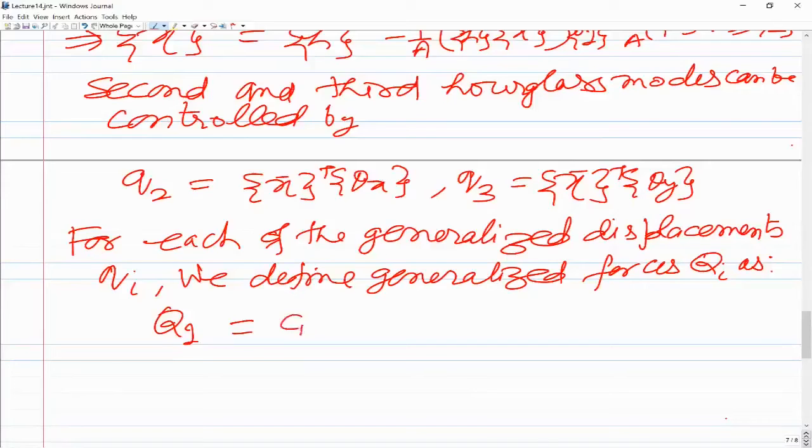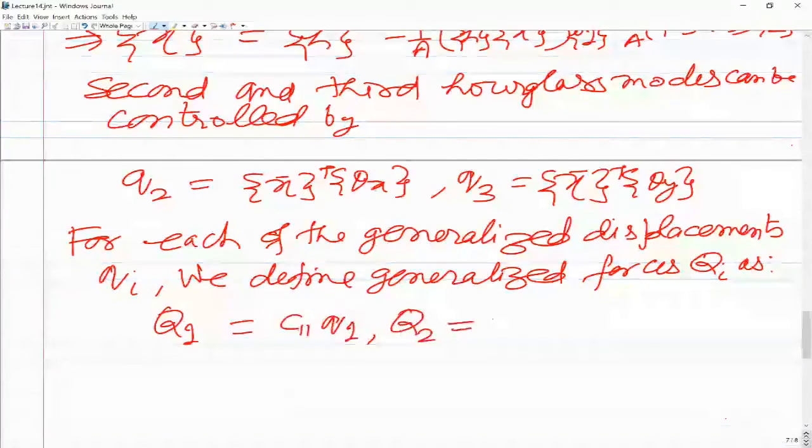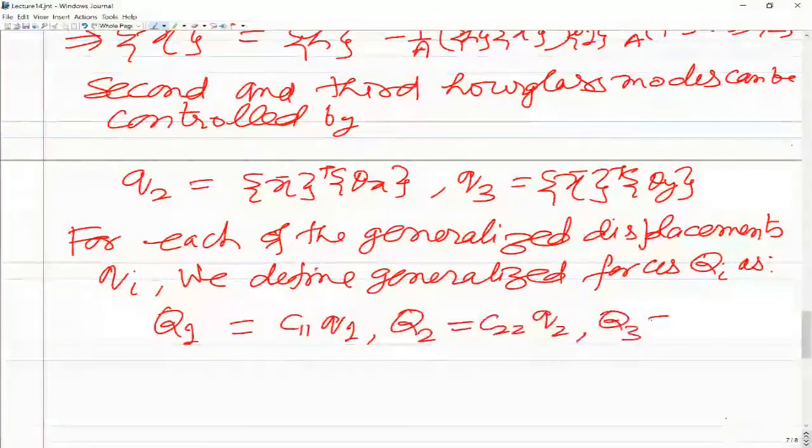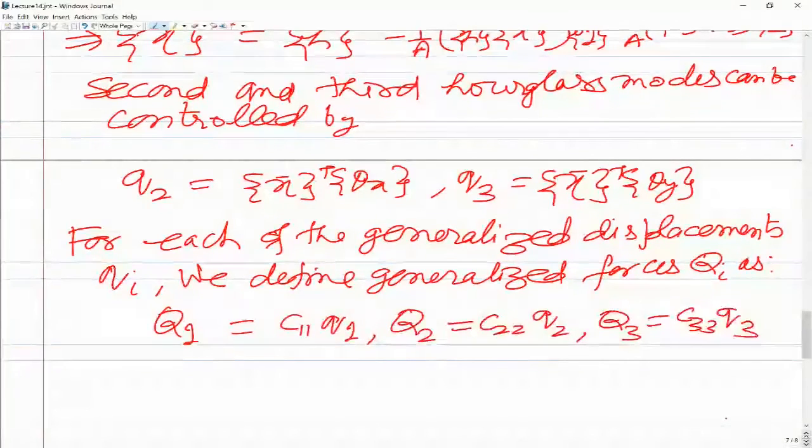So Q1 is some constant c11 into small q1, the generalized force corresponding to theta x hourglass is Q2 equals c22 into q2, and Q3 is equal to c33 into q3. So we need to apply these forces.